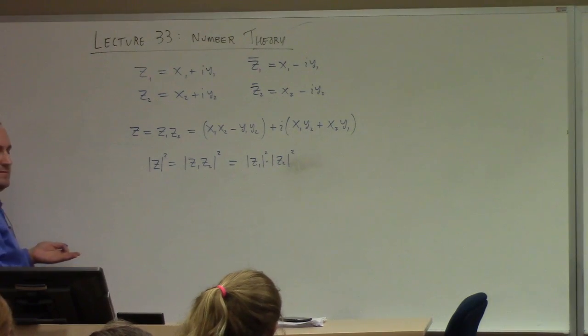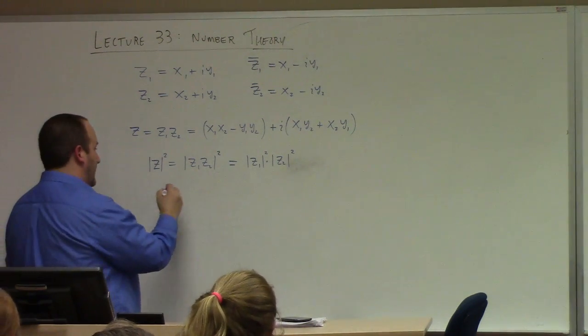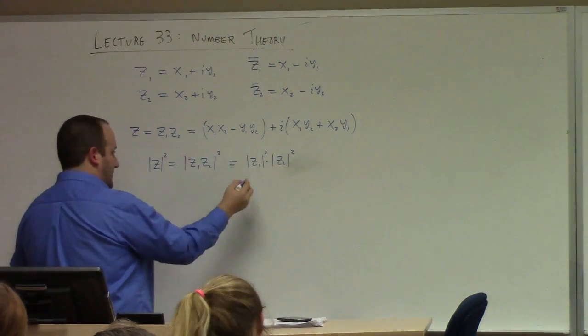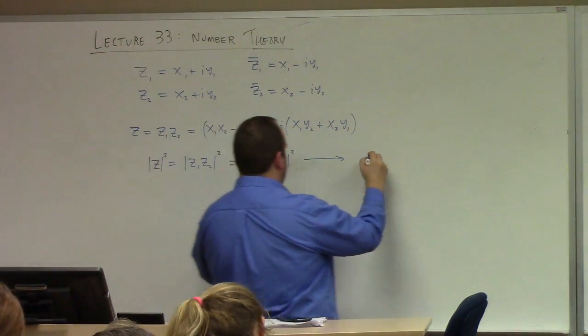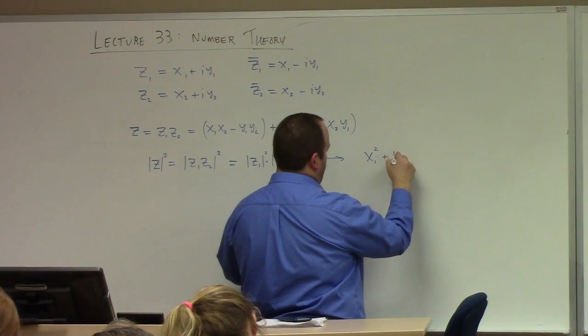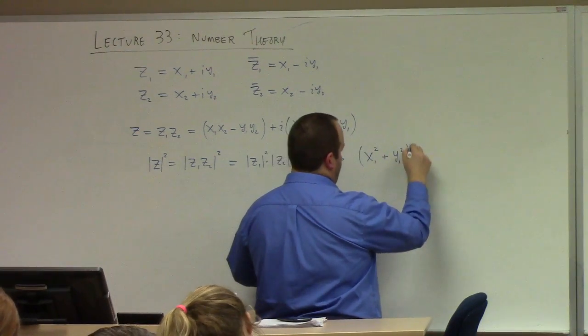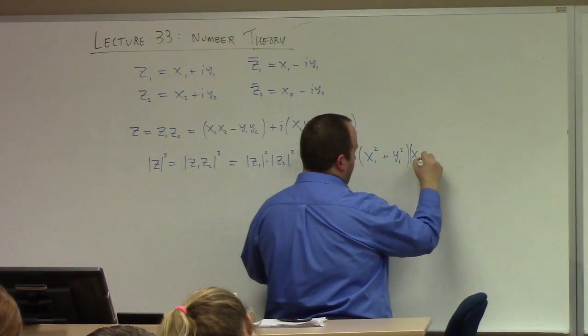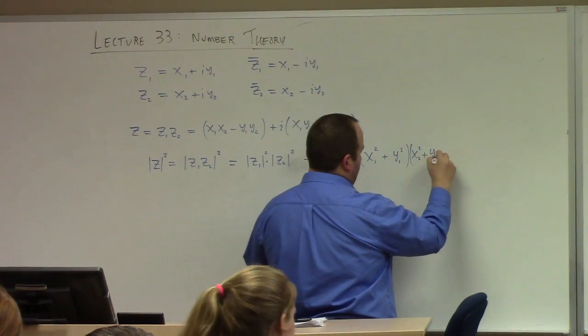So what does this tell me? This tells me that if I look at, let's look at this way. If I look at x1 squared plus y1 squared times x2 squared plus y2 squared, what do I get?